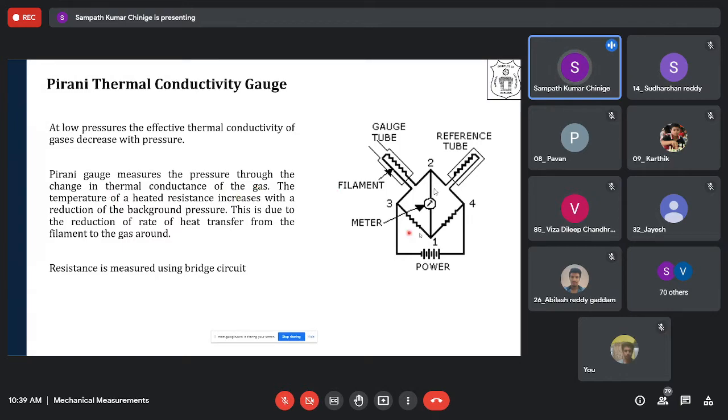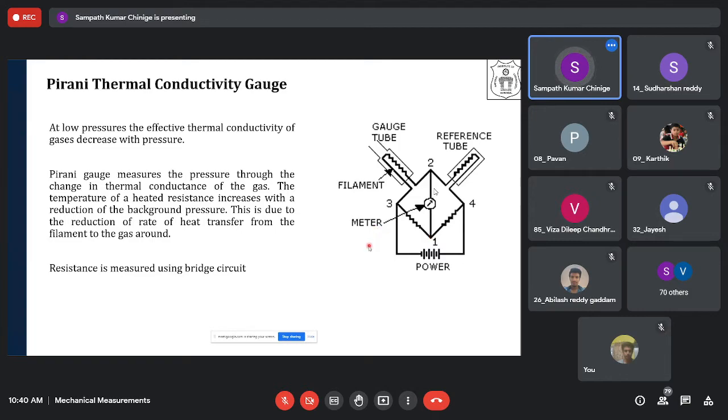So now what is happening is, here we are taking this evacuation gauge, and in the gauge tube, I'm trying to put a heated filament over here, and I'm trying to connect it to a source.